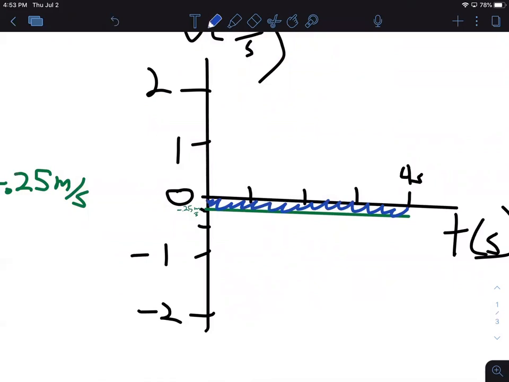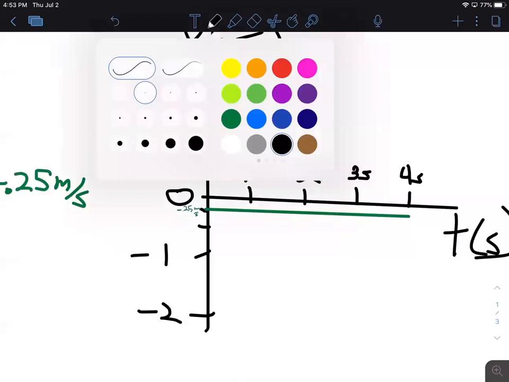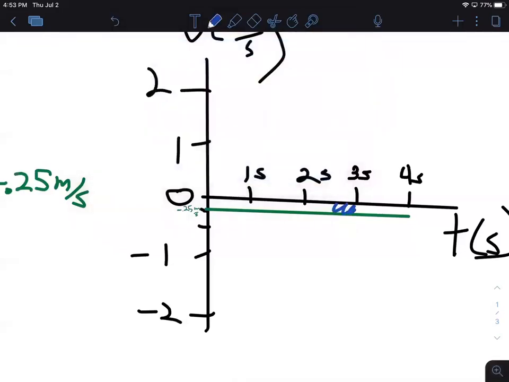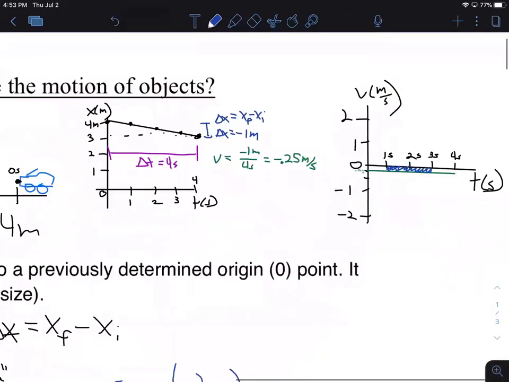Now I don't have to do the full thing. Maybe I wanted to know how far it changes its position from the first to the 3rd second. So in that time interval, maybe I want to know what was its change in position, in which case I would just look at the area. And I know we called this earlier the area under the curve.